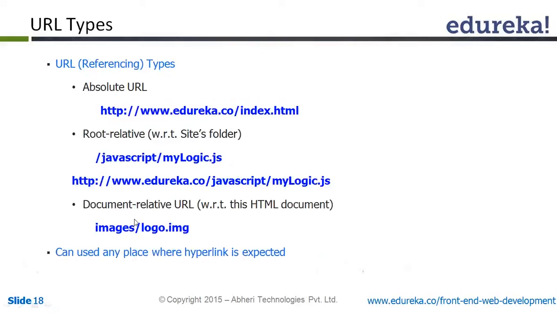And if you want to specify a path with respect to the HTML page which you are displaying in the browser, that's called document relative, which is without the forward slash. So you can use any of these three formats in all the places where a URL, uniform resource locator, is expected, or where a hyperlink is expected in the case of the anchor tag.